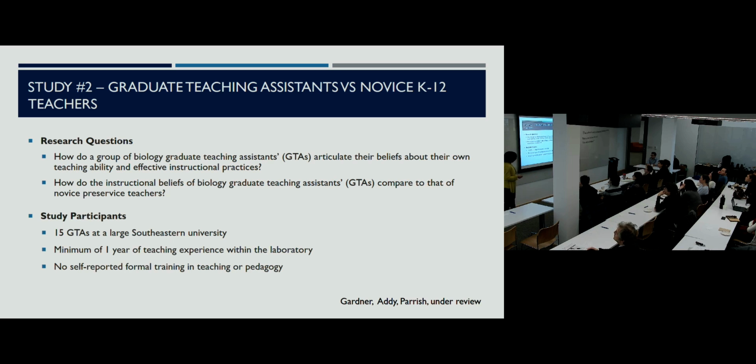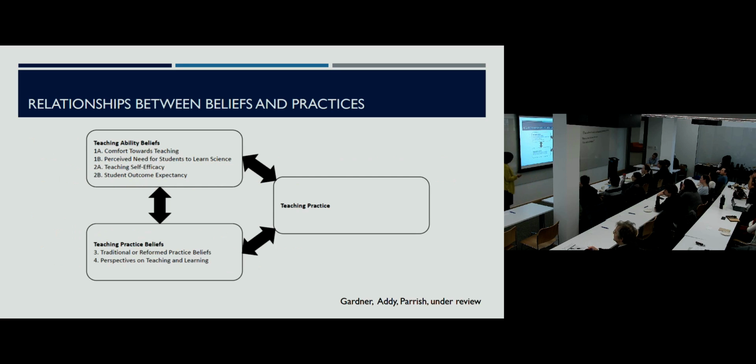Now, he had 15 of these GTAs. It's at a large southeastern university. I'm sure you could find him and figure out where it is. But they had a minimum of 1 year of teaching experience in the laboratory, and they had no prior training in pedagogy. What Grant was looking at, he didn't measure practice as I did.